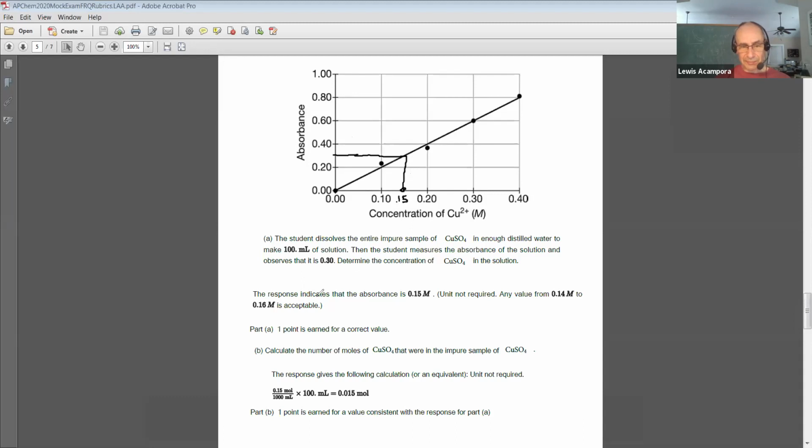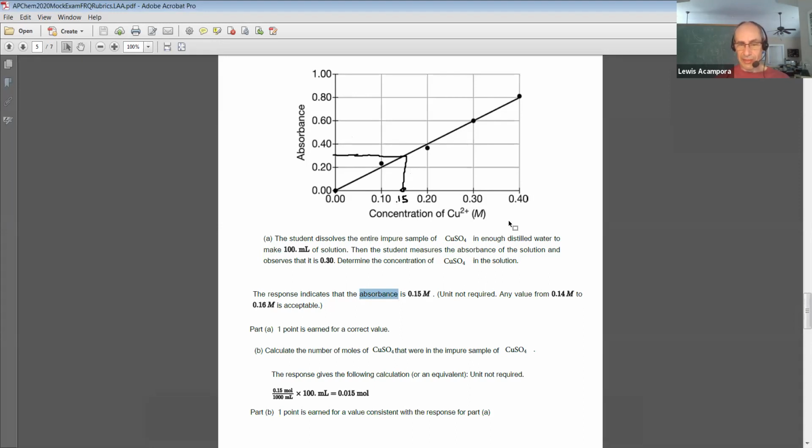And on the official scoring standards, they should have, not the absorbance, the concentration is, that's written badly. That should be the concentration is 0.15 molar.